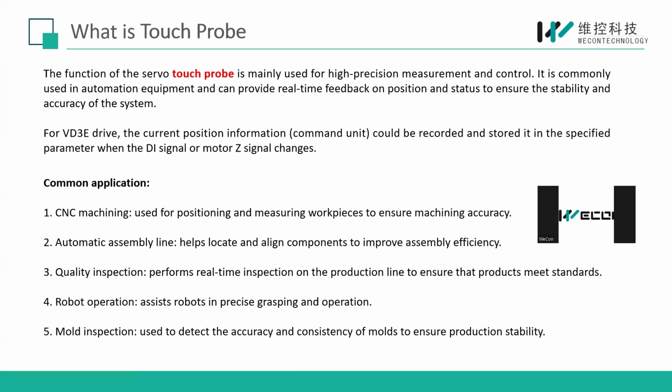So, for example, in some package machine, we may need some iMark or something else to detect and record the position. So this function is mainly used to record the position of the motor.